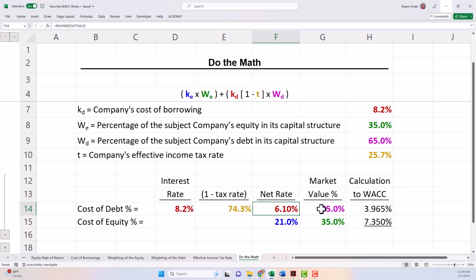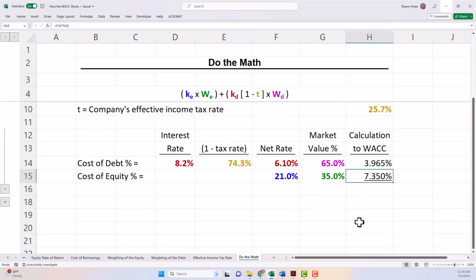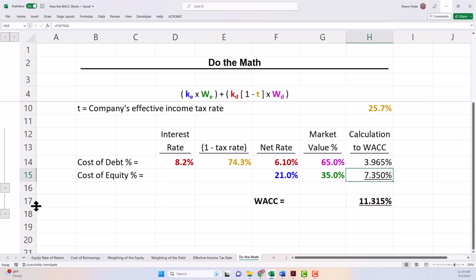And if our market value of debt is 65%, which we discovered earlier on, then this times that is the debt portion of the capital structure. The equity is simply the net rate from the build-up method times its percentage, right? And we sum all those together, meaning the WACC would be equal to 11.315.